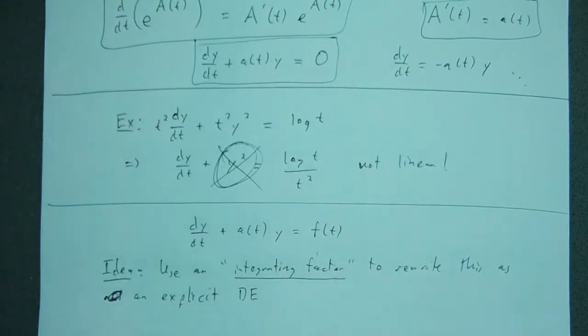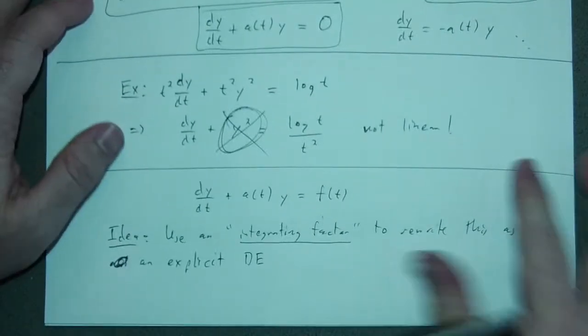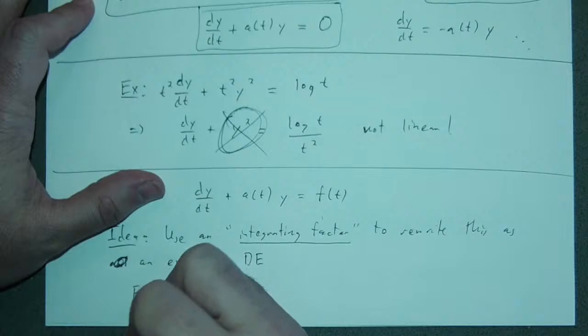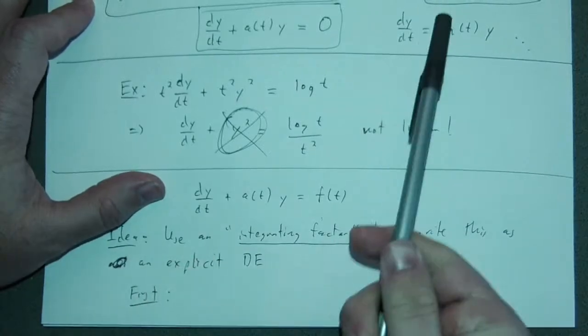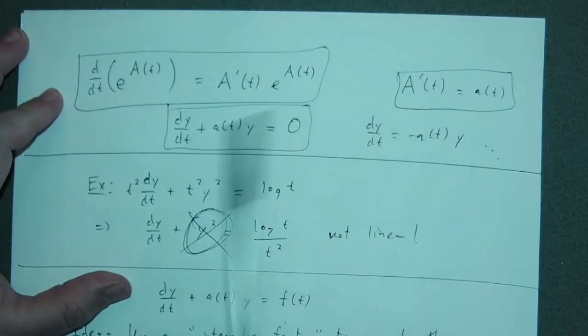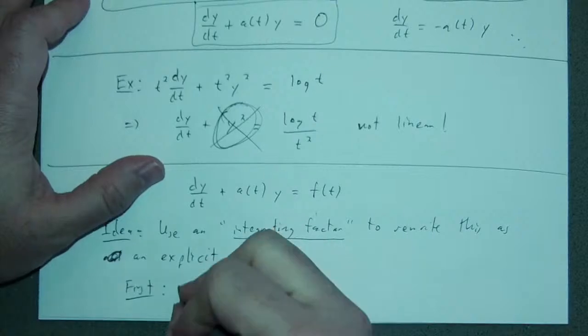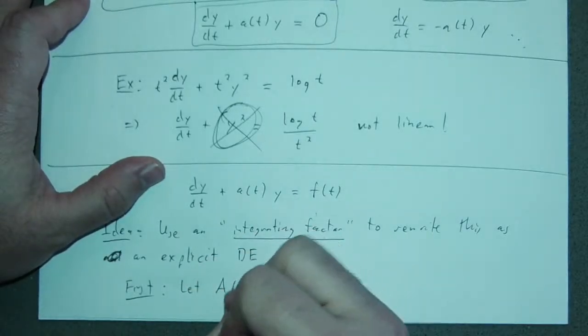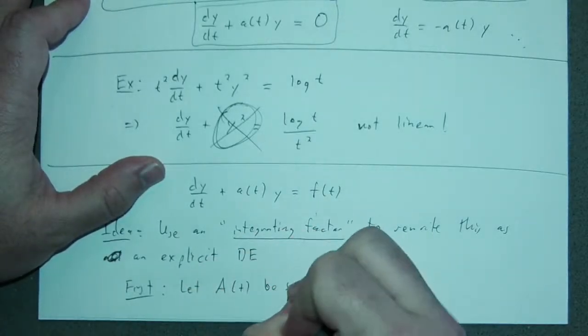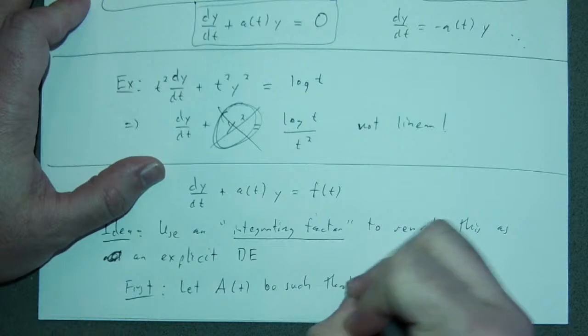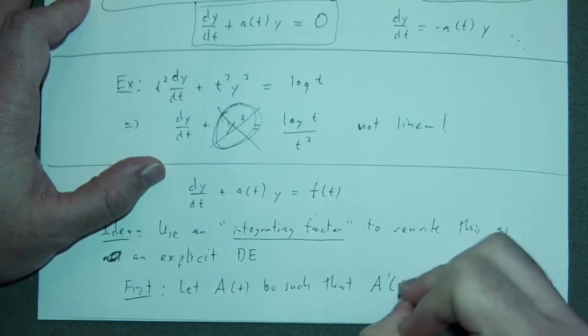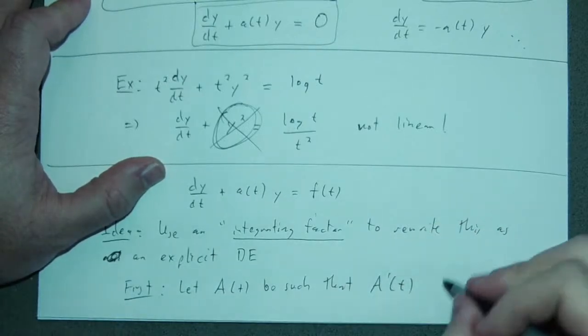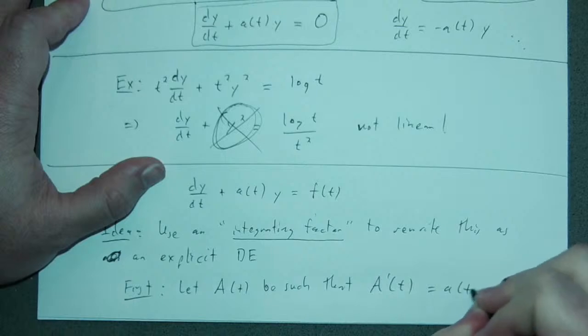What is this integrating factor? So first step, as above where we had this idea, let big A of t be such that the derivative of big A of t is equal to little a of t.